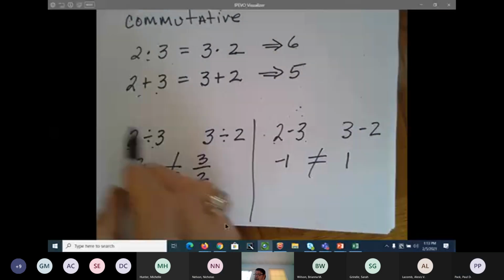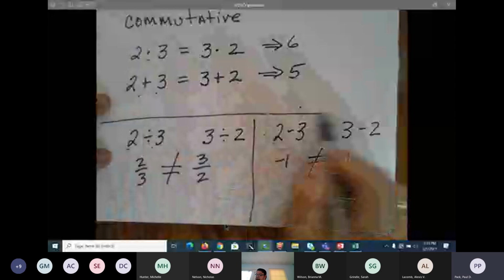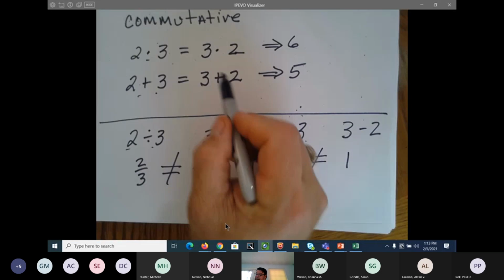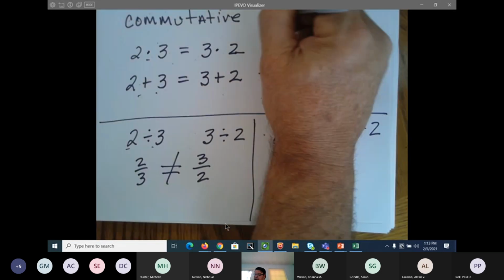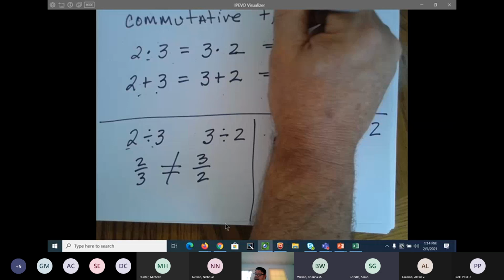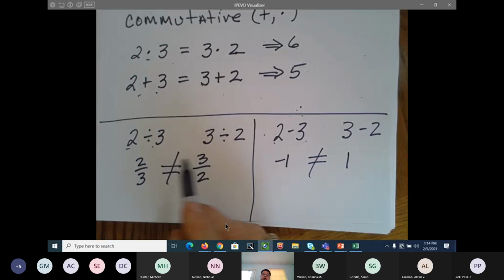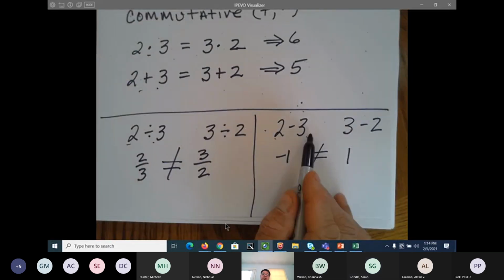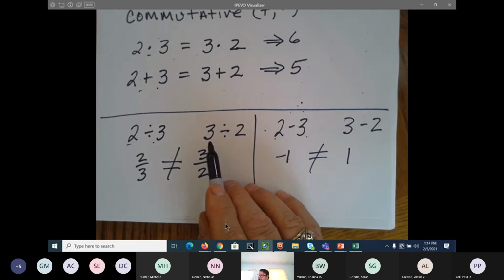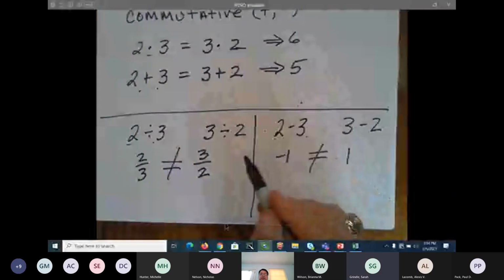So when you're dealing with numbers, it doesn't matter if you're adding and multiplying. But when you're dealing with division and subtraction, you've got to go in a certain direction. And when you've got two negatives, you go left to right.